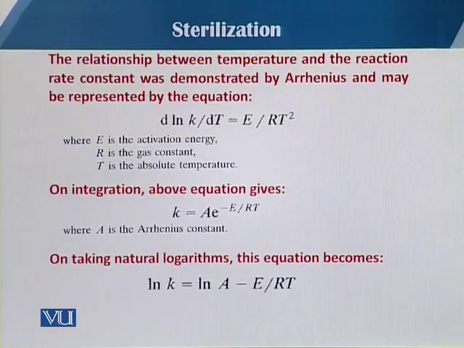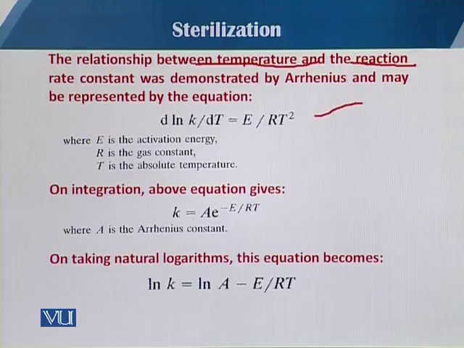So when we are dealing with the relationship of the temperature with the reaction rate, the heat treatment temperature and the reaction rate, this equation is called the Arrhenius equation.